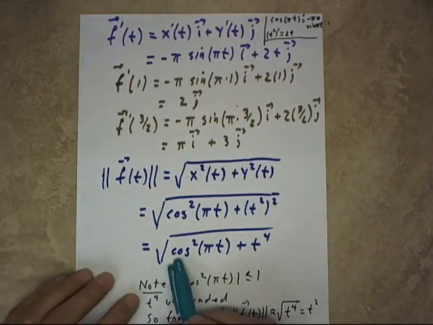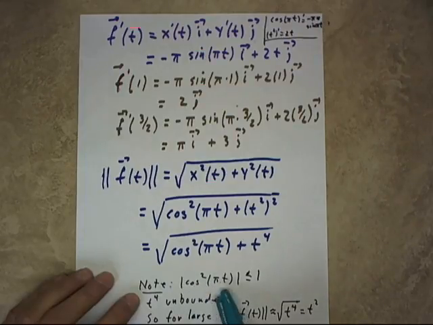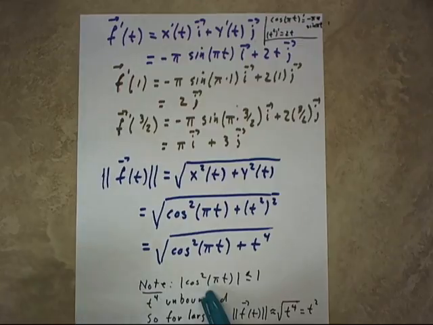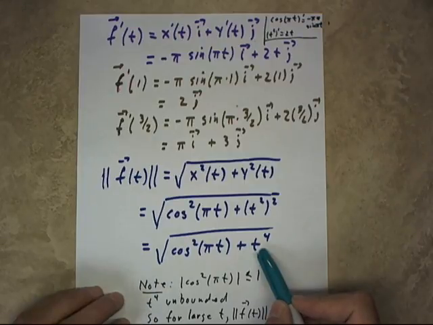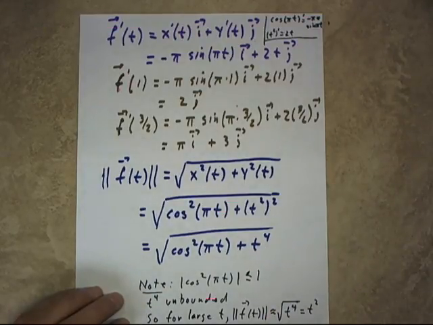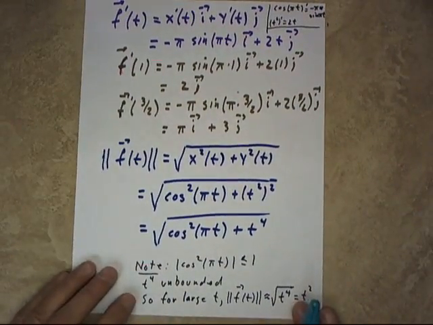Let's make a couple of notes about this magnitude. In the first place, the cosine squared of pi t never exceeds 1 because the cosine can't exceed 1. t to the fourth, on the other hand, is unbounded. It can get as big as you like. We could conclude a lot of things about the properties of this function.